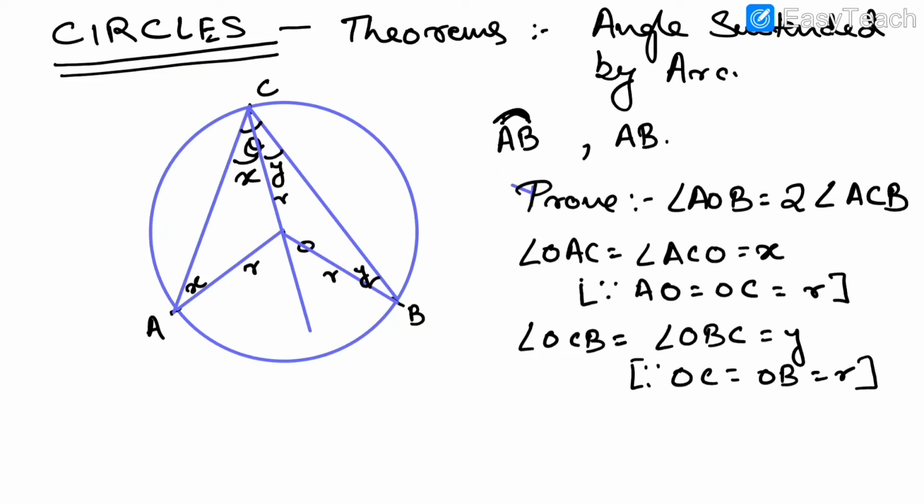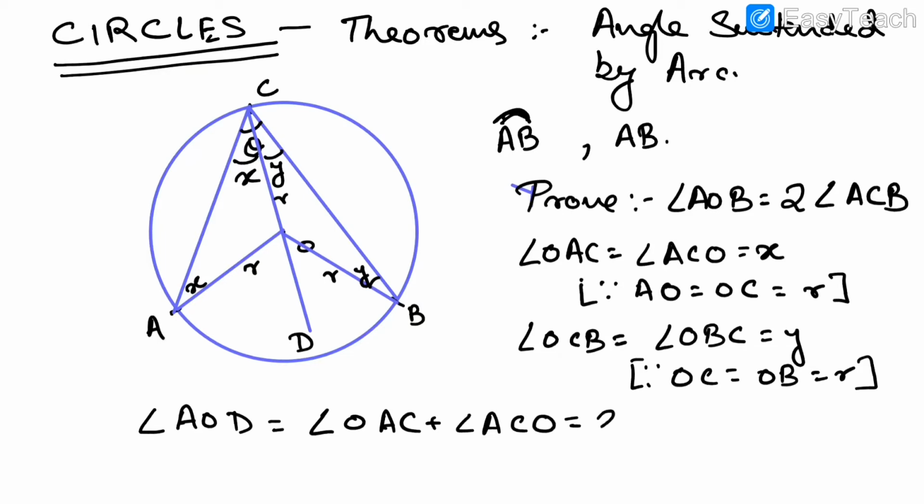Let any point be D. So angle AOD equals angle OAC plus angle ACO equals 2x. That is the formula for the exterior angle of triangle OAC. The exterior angle of a triangle is the sum of the other two internal angles.